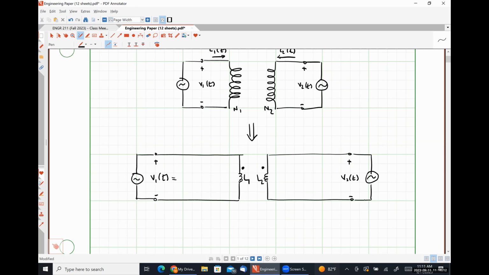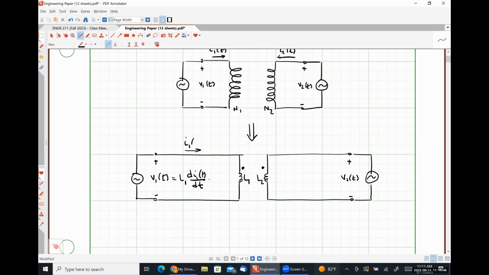And now let's talk about these coils in a system. Each should have a self component, meaning a component based on the self inductance, where let's assume that I1 is flowing in this direction.